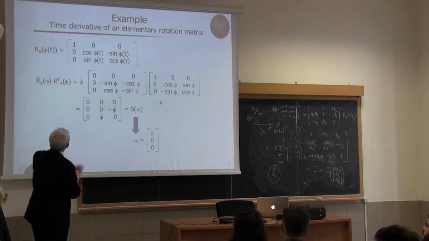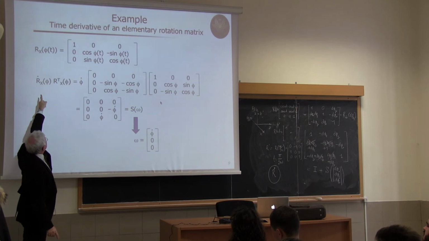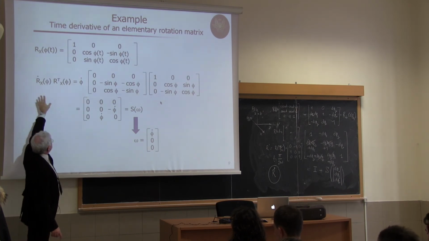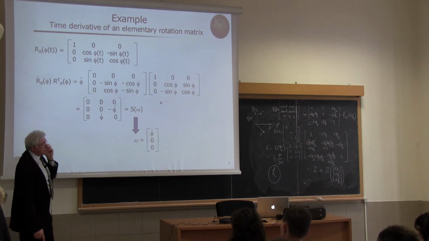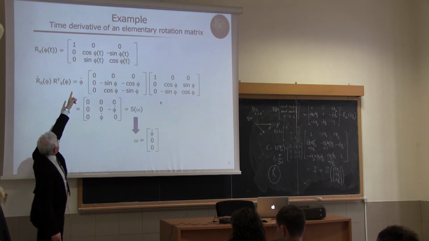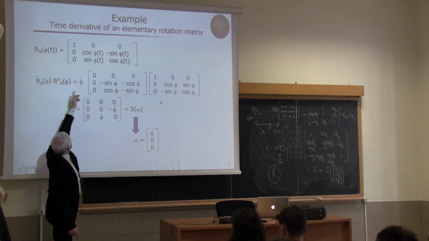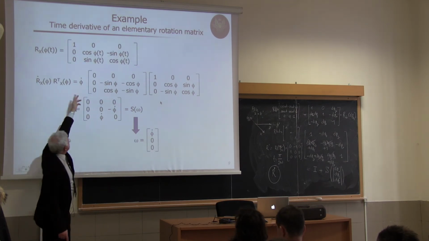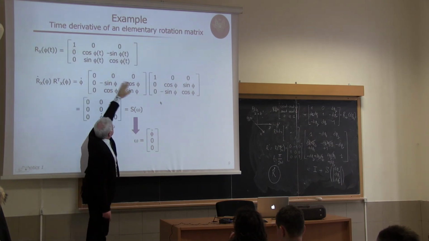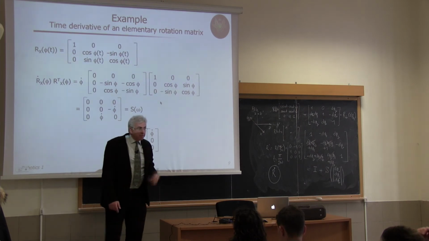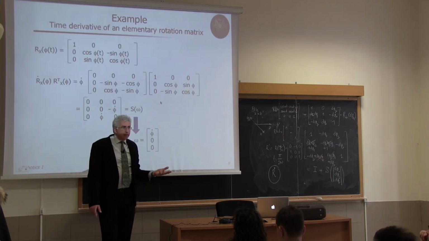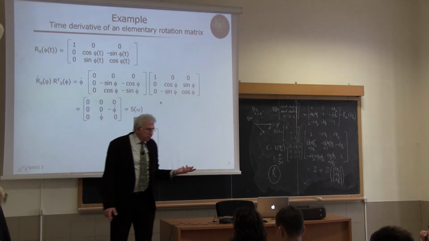Okay? So I want to compute the omega, so I use the relation S of omega equals R dot R transpose. I take this R, and I take the time derivative. The time derivative of 1 is 0. 0 remains 0. The time derivative of cosine of phi is minus sine of phi times phi dot.